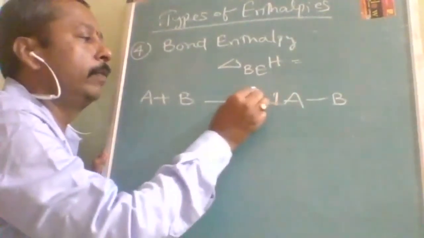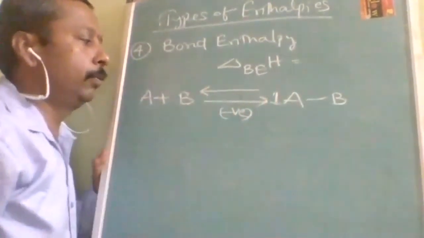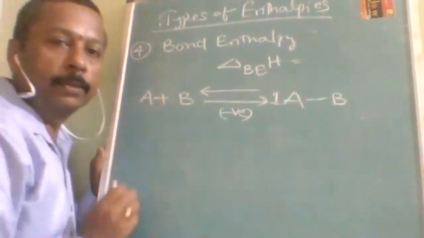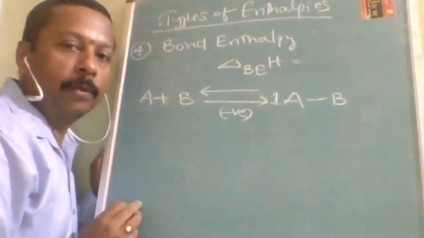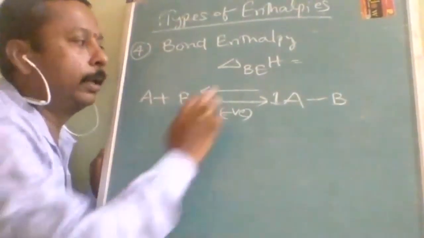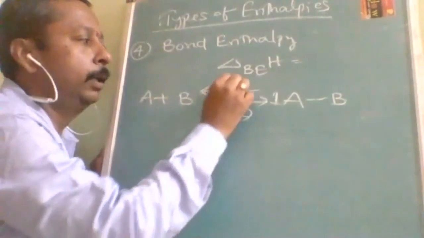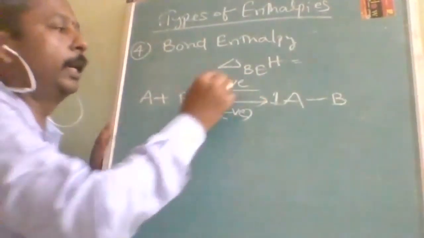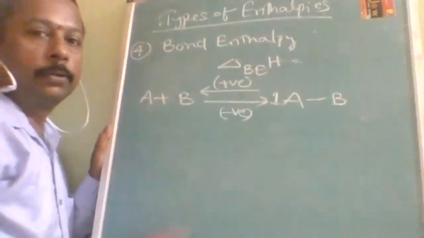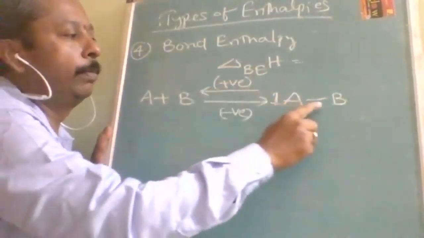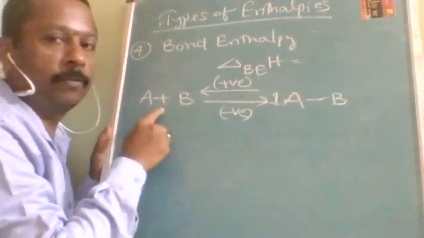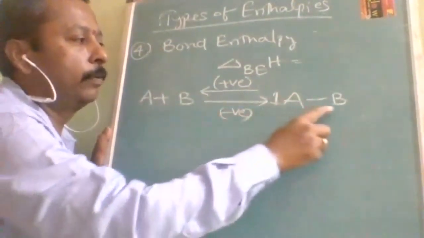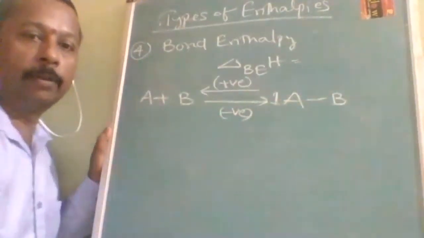At the same time, when you break that 1 mole of bond to give the corresponding atoms, that time also the same amount of energy is required, here required, here released. That's why quantity-wise both will be the same, but the sign will be opposite. Understood? So the amount of energy required to break 1 mole of one type of bonds, or the amount of energy released during the formation of 1 mole of one type of bonds.